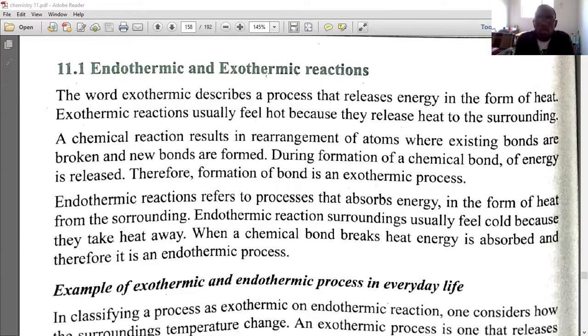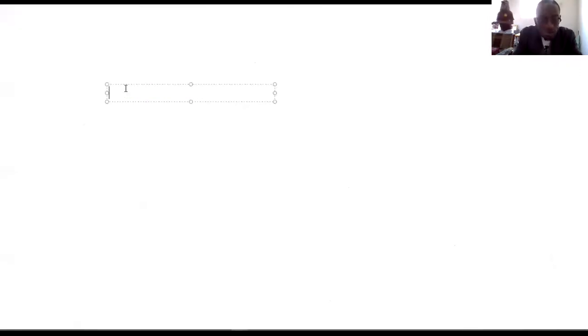Maybe just to make it more clear, let me use the whiteboard and share something. We said exo is outside, then thermic has something to do with heat.